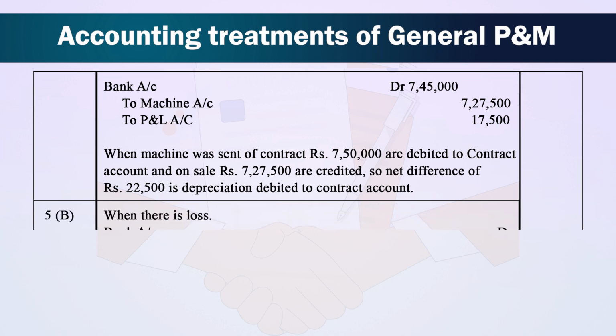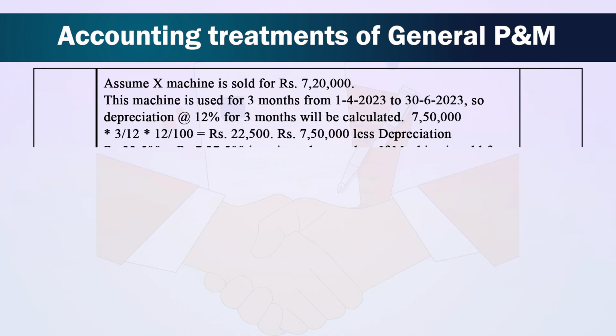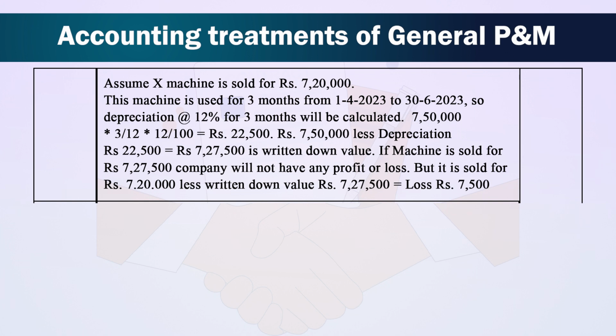Let's understand the second situation, when there is loss. Bank account debit, profit and loss account debit, to machine account. Let's understand with an illustration. Assume X machine is sold for rupees 7,20,000. This machine is used for 3 months from 1st April 2023 to 30th June 2023.